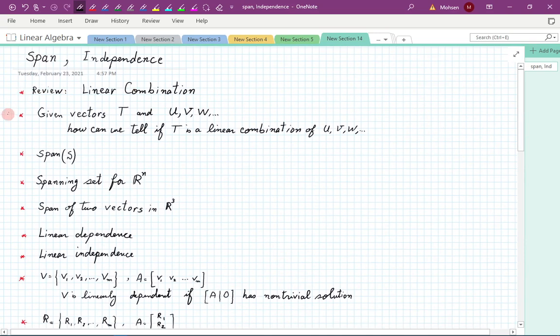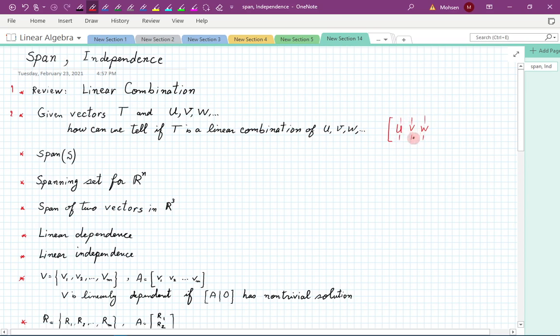Okay, out of this long list of things that we have in front of us, we have done the linear combination. We reviewed that. Given a vector t and a bunch of other vectors, how can we tell that t is a linear combination of all of those? Very simple. You make all of these vectors that are given to you column vectors in a matrix.